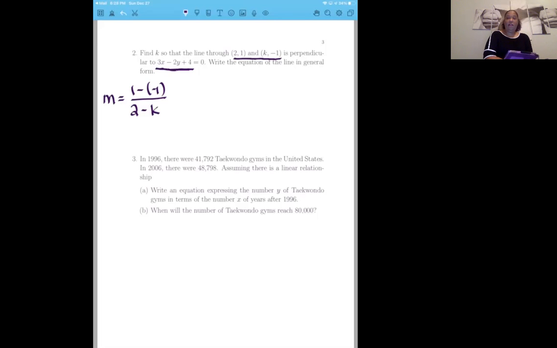So we need to find the slope of 3x minus 2y plus 4, and then find what a perpendicular line's slope is, and then set it equal to what we just found. And that's going to give me my k value. All right, so let's rewrite this as 2 over 2 minus k.